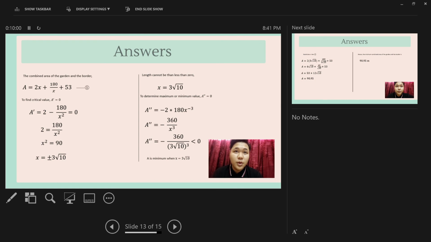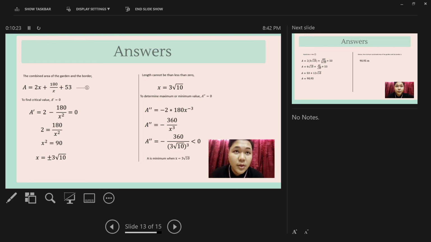To determine the maximum or minimum, we must use the second derivative. So negative 2 times 100 x to the power of negative 3. So we get negative 200 over x cubed.